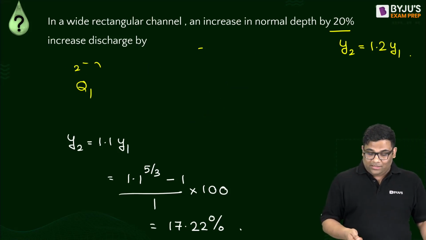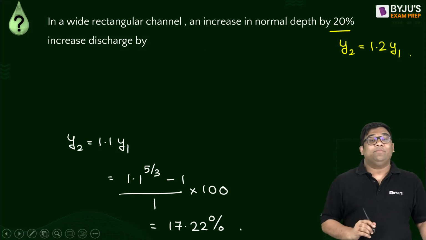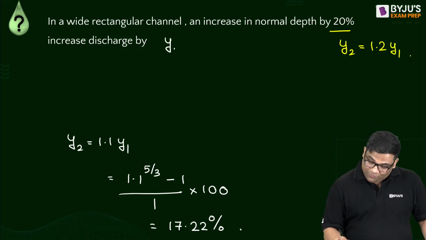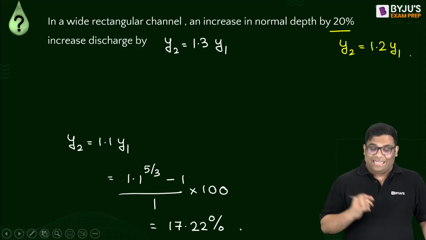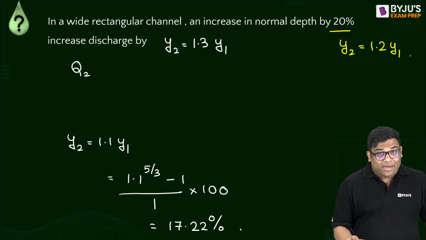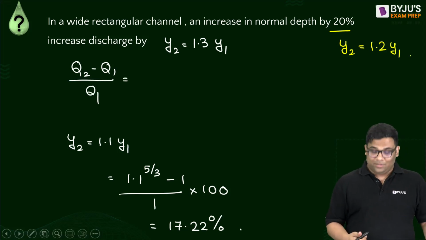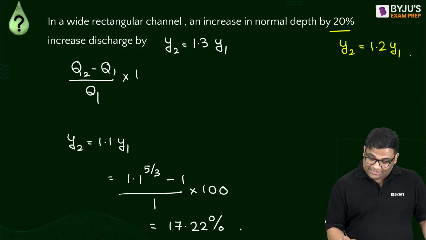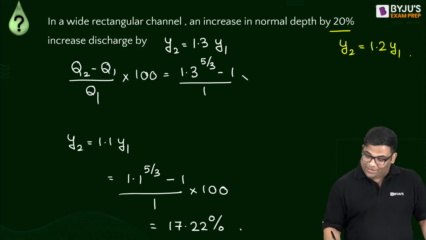Now same thing if I ask you, if the increase of depth was 30%, meaning your y2 is equal to 1.3 times your y1, in that case the q2 minus q1 by q1 will be equal to how much? If I want to find out the percent increase in discharge, that will be simply 1.3 to the power 5 by 3 minus 1 by 1 into 100.